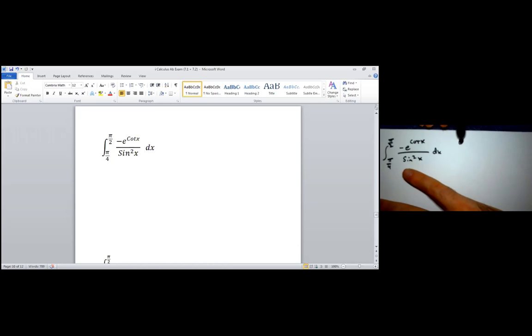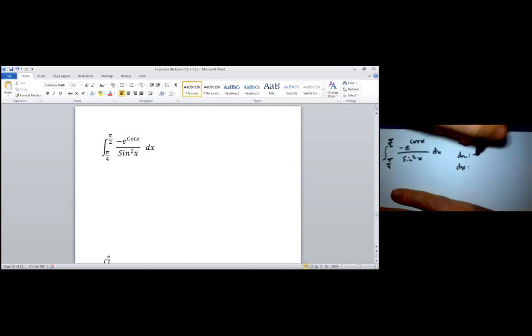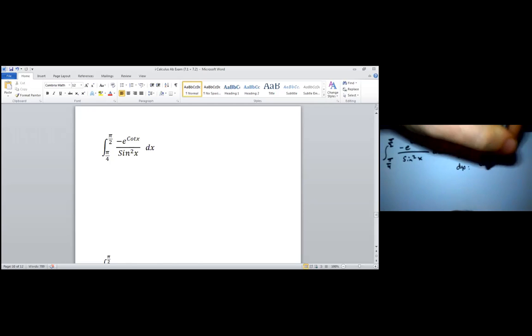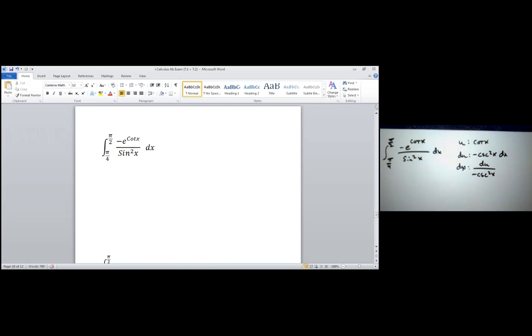So we're going to let u be equal to cotangent x. Then if we take the derivative of cotangent x, you get negative cosecant squared x. So you have to know all six trig functions' derivatives. Solving for dx, it's going to give me du over negative cosecant squared x.